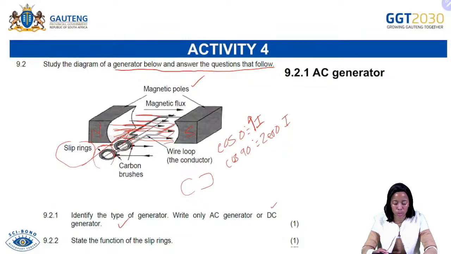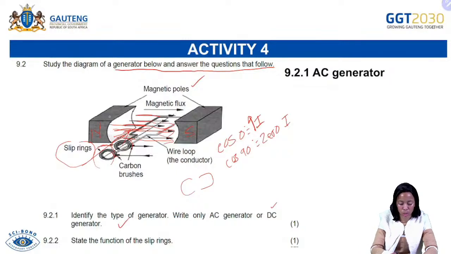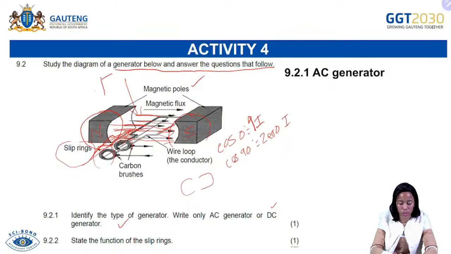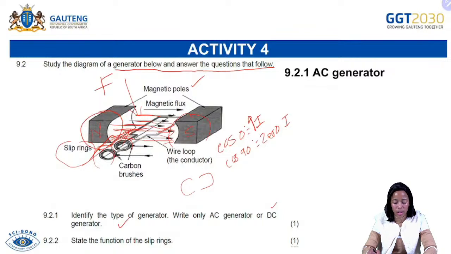Now, because this is a generator, you will need to use your right hand. When you use your right hand, the thumb would be on the left-hand side, and it represents the force.